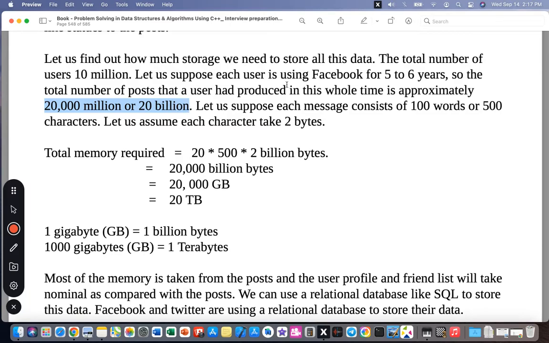Let us suppose each message consists of 100 words or 500 characters. Let us assume each character takes 2 bytes. Of course, this is a simplified Facebook that doesn't show we can share videos or photos, just words, okay?